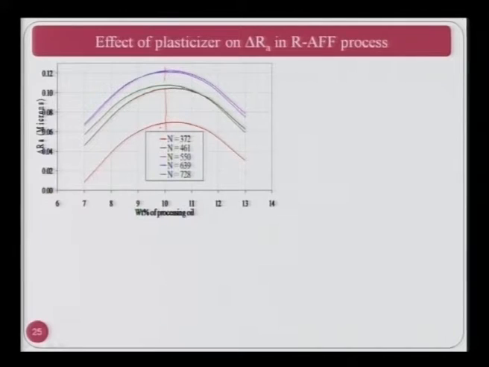On either side of this it starts decreasing. So, definitely for the given set of machining conditions and workpiece surface, you can choose this particular optimum value of weight percent of processing oil.